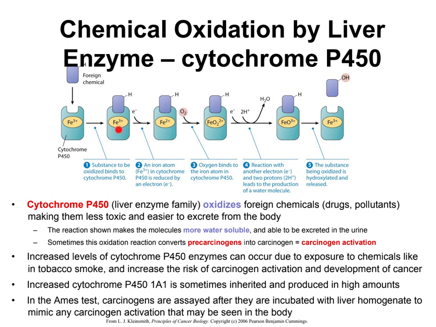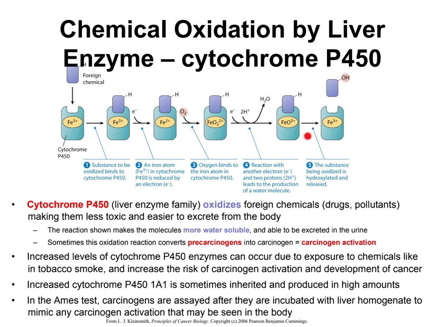We see the charge changing from a positive 3 to a positive 2 charge, right? Here we have oxygen coming in. Oxygen can bind to this iron atom. And then we have a reaction occurring. The reaction occurs with another electron and 2 protons, and this leads to the production of a water molecule.